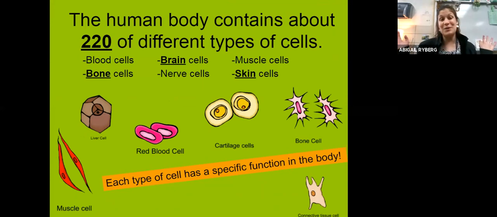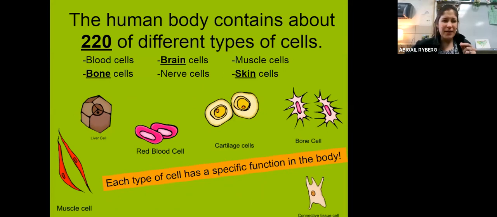Without listing all 220, we could probably make a long list. In our body, we have blood cells, bone cells, brain cells, nerve cells, muscle cells, skin cells, and so on, right? Every type of cell in our body has a specific task or job or function.